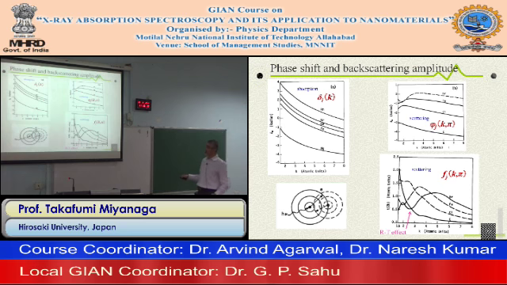It's called the Ramsauer-Townsend effect. So each atom has a different scattering phase and amplitude. EXAFS can distinguish what the surrounding atoms are.